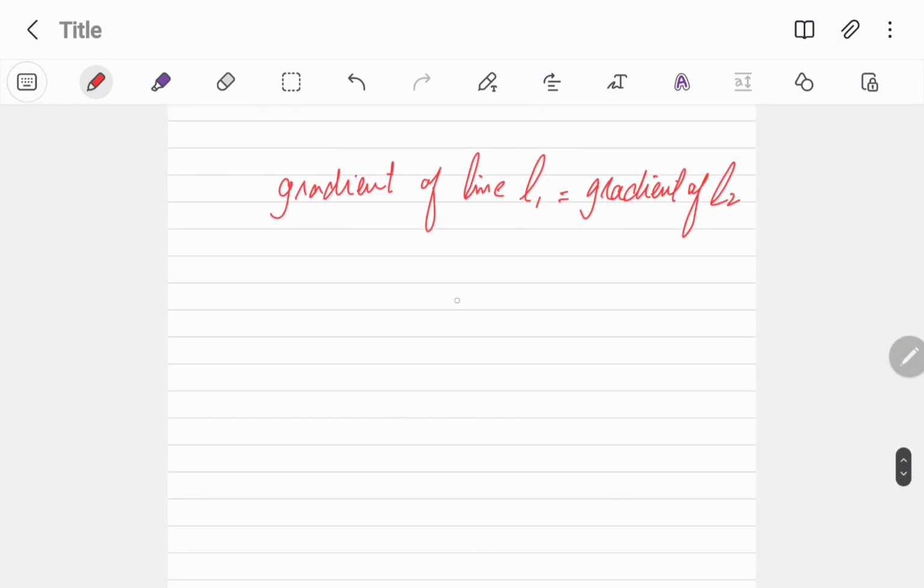If the gradient of line L1 is m1, then the gradient of line L2 is m2. They will be equal to each other.